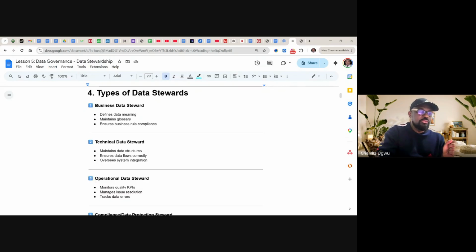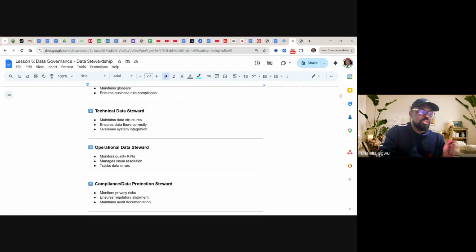And then we have the operational data steward. Operations here, you monitor key performance indicators, manage issue resolution, and track data errors. Like we said earlier, a steward is mainly operational.